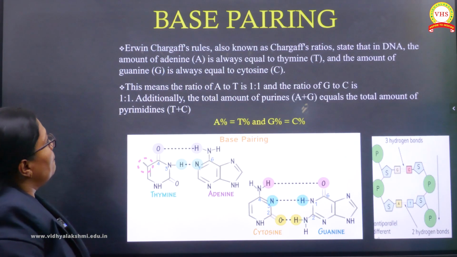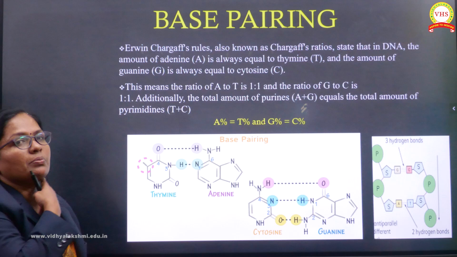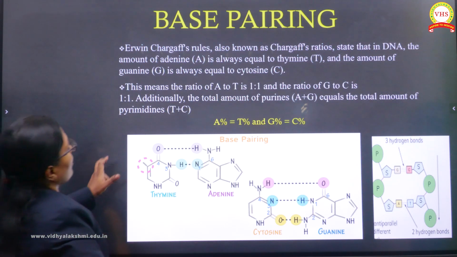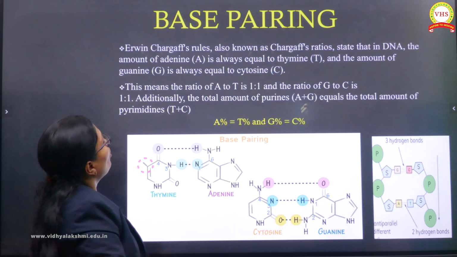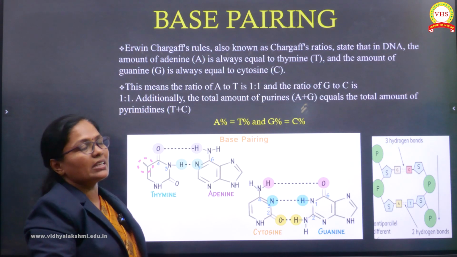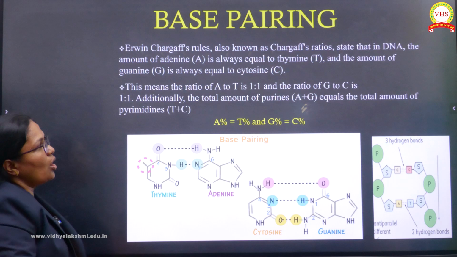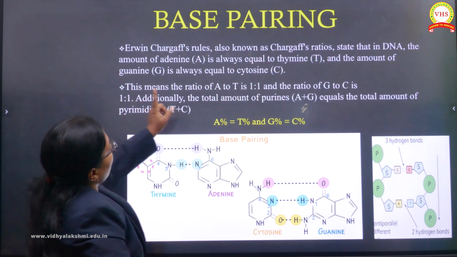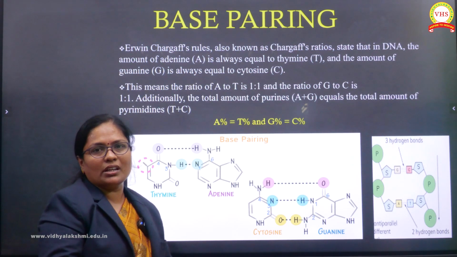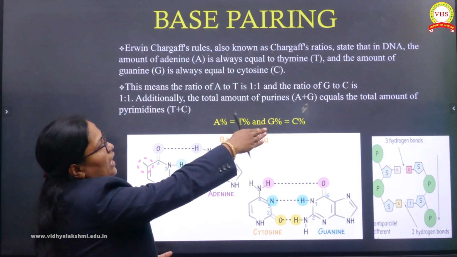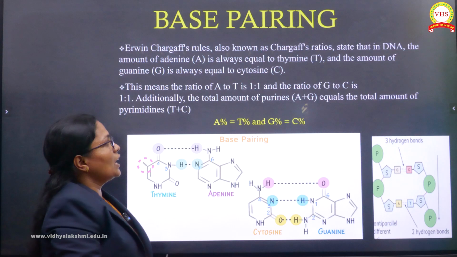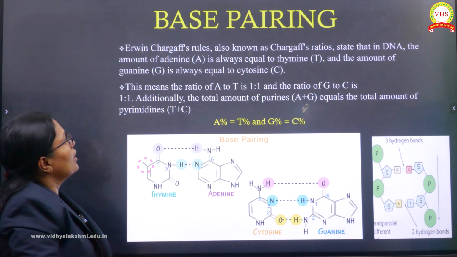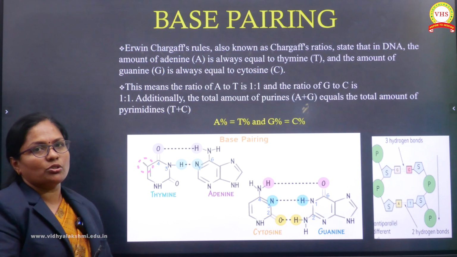And then base pairing. The next concept about the DNA structure is base pairing. The person who told about base pairing is Erwin Chargaff. This is even called Chargaff's ratio. He told us the amount of adenine will always be equal to the amount of thymine in the DNA strand, and the amount of guanine is always equal to the amount of cytosine.